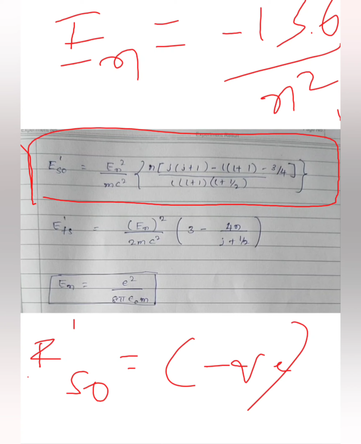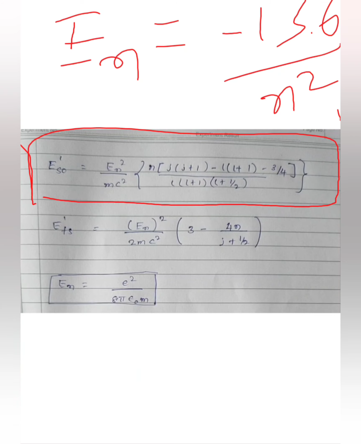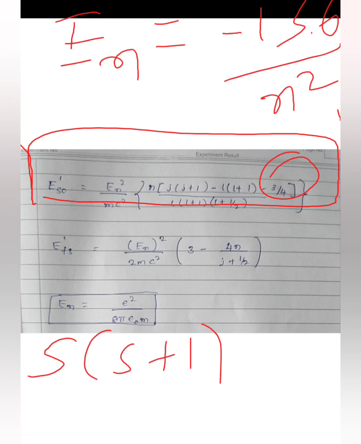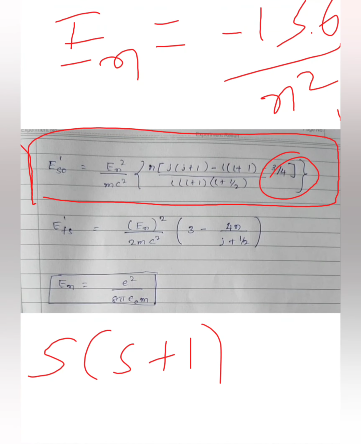The final equation has the factor minus 3 by 4. This is from S into S plus 1, because for an electron S is 1 by 2. Replacing 1 by 2, we get minus 3 by 4.